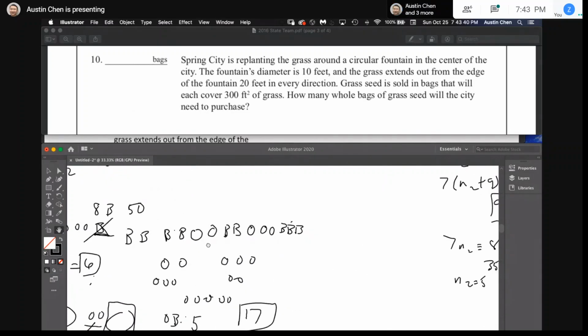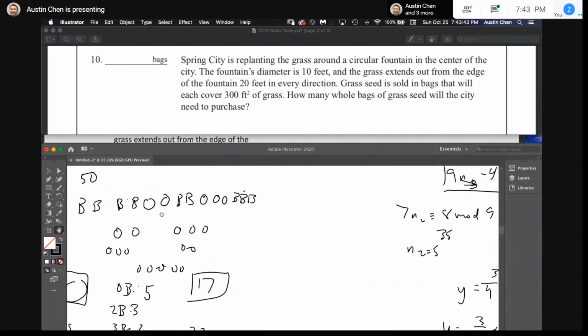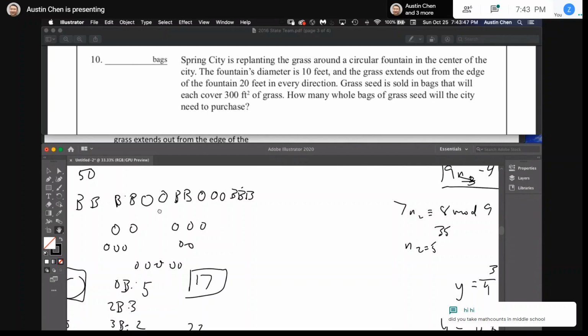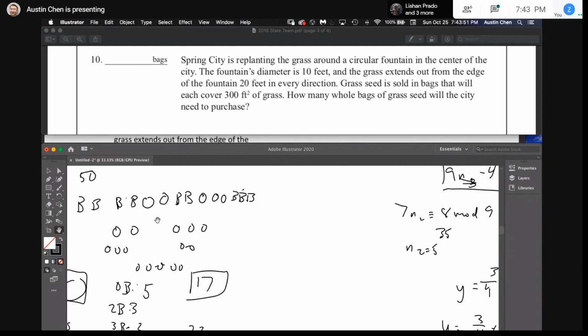Me and Bill are both in high school. We're in 10th grade, both of us. We did not do MATHCOUNTS in middle school. Our school didn't have it, and we didn't know it existed either. I feel like that was so bad.